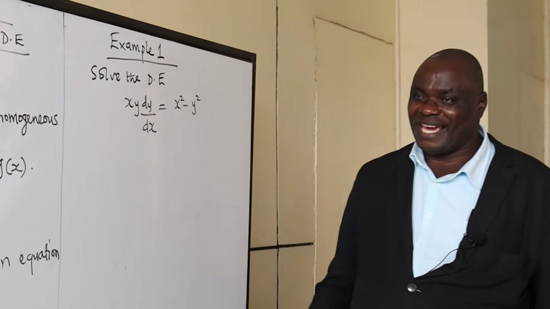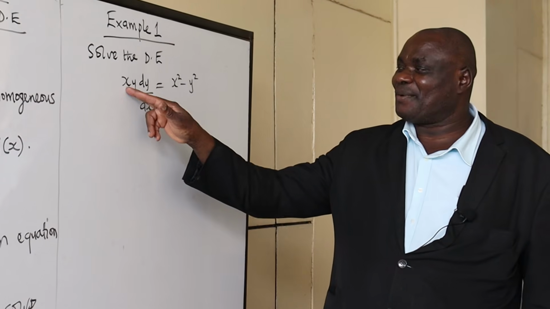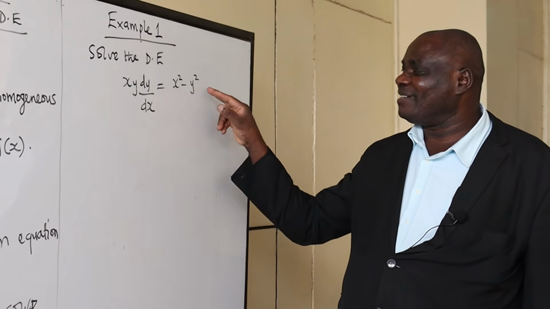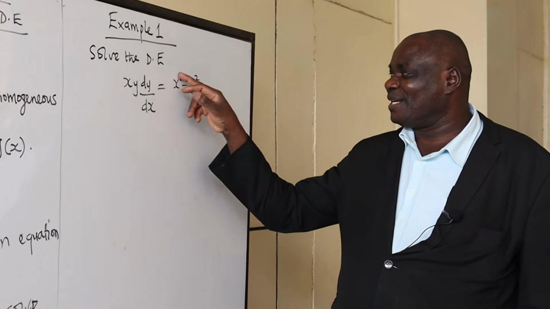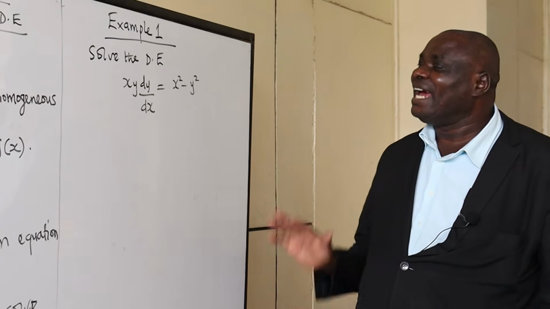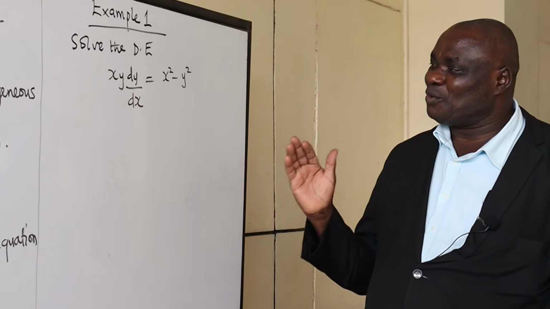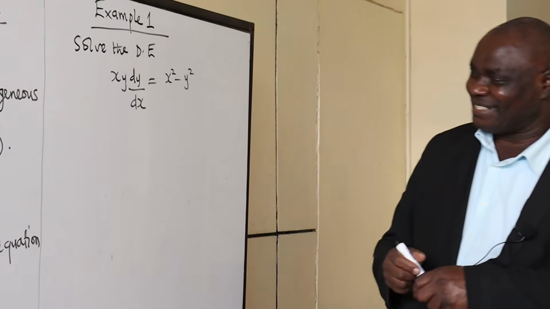separate y from x. And therefore, the next step is to check whether the equation is homogeneous. And when we check now, degree 2, degree 2, degree 2, then those terms are of the same degree, and now we can use the method of solving homogeneous differential equations.